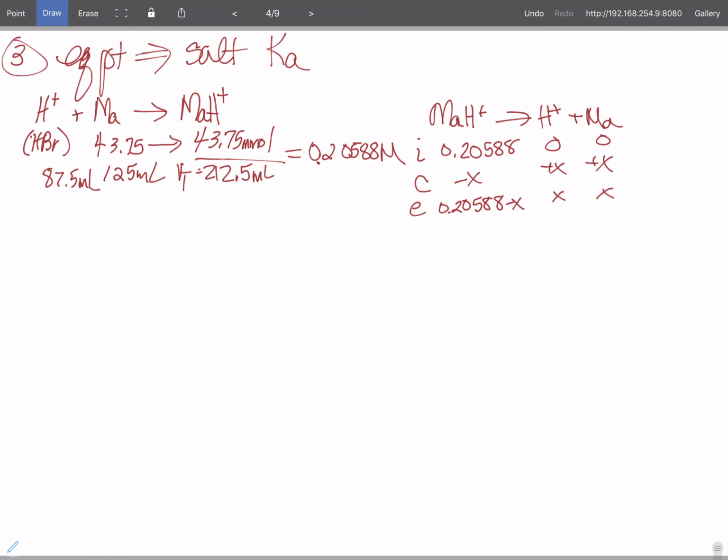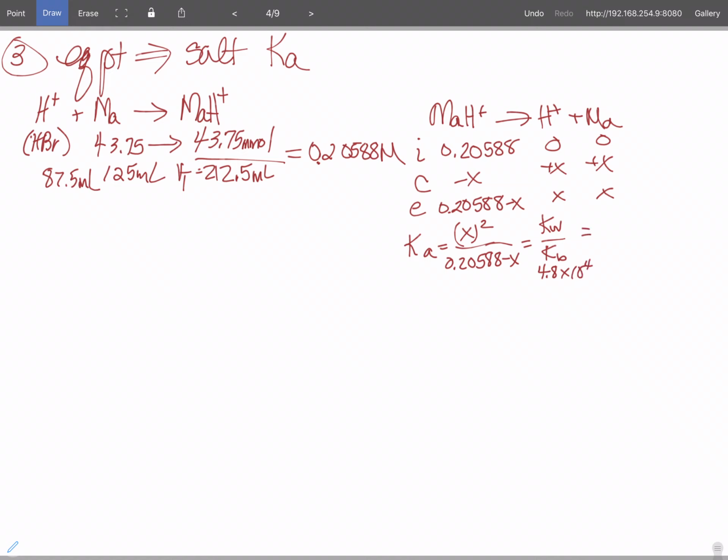So I'm just going to continue down over here, and I'll just do the strong in the middle. Okay, so we have a Ka here, and it's x squared divided by 0.20588 minus x. Now remember, we get our Ka from Kw divided by Kb. And remember, in this case, our Kb was 4.8 times 10 to the minus 4.